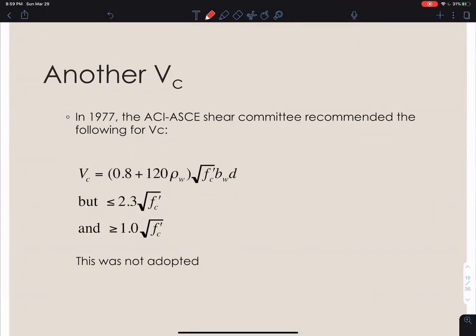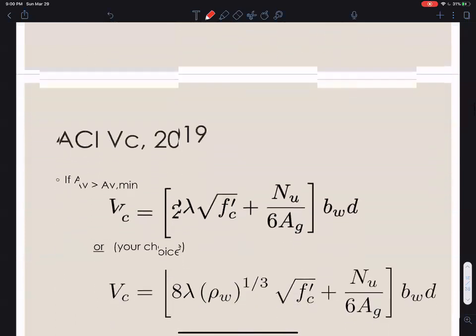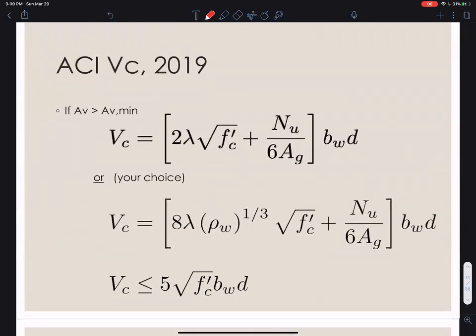In 1977, there was this equation here that no longer had the shear span ratio in it, and it had a lower upper limit, and it just was a function of the amount of long steel. Rho w is just As over bd, and if you have a T-beam, it's the b of the web. But this was not adopted. And so in 2019, just last year, this was adopted.